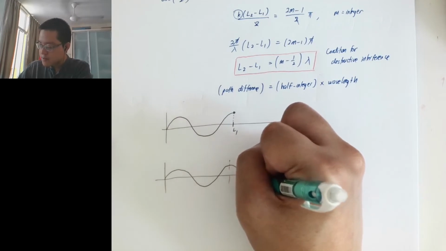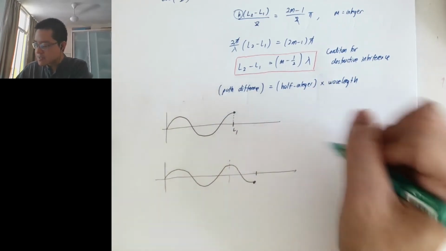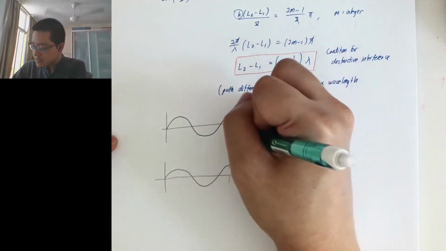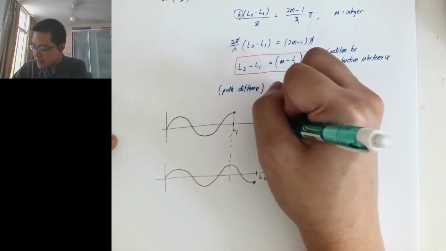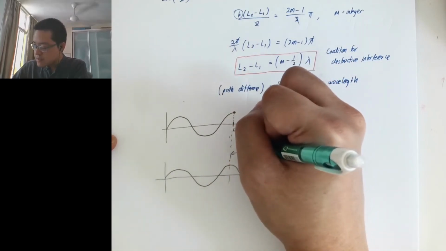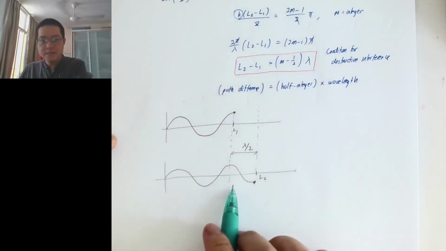Let's stop here, because if I draw longer I will start to confuse myself. L2. So what is the difference between L1 and L2? In this case, the difference is half a wavelength.